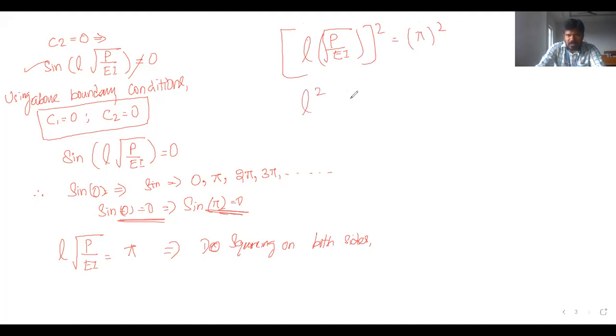The term will be changed as L squared into P by EI is equal to pi squared.